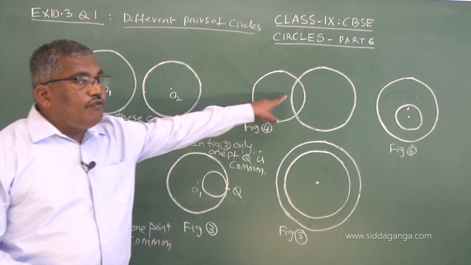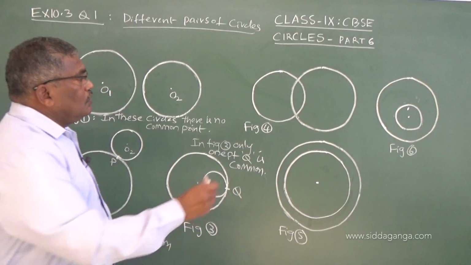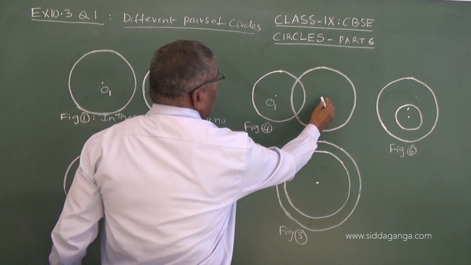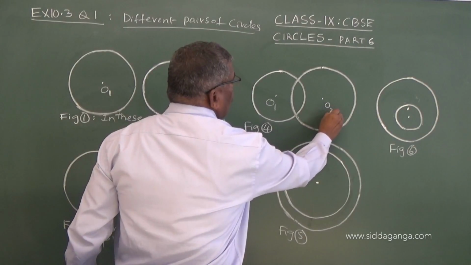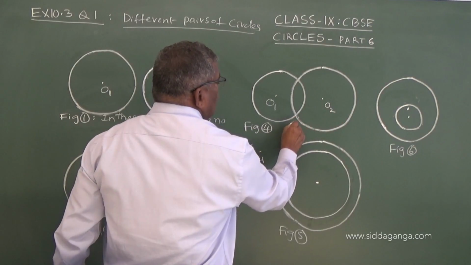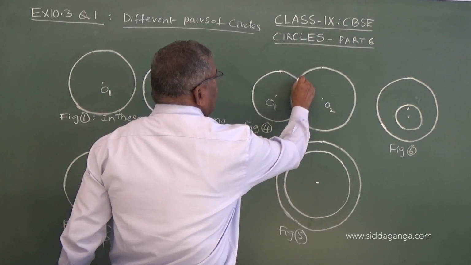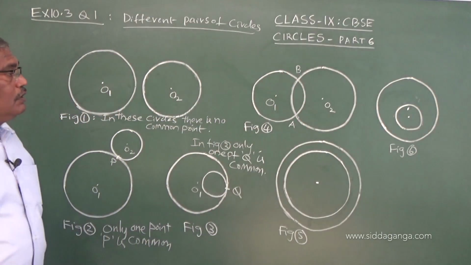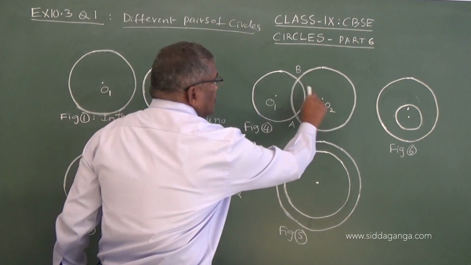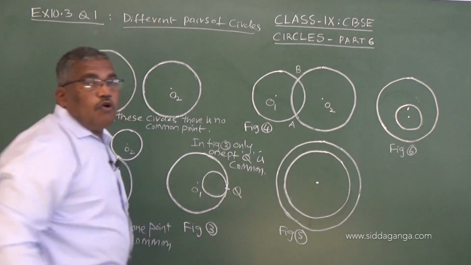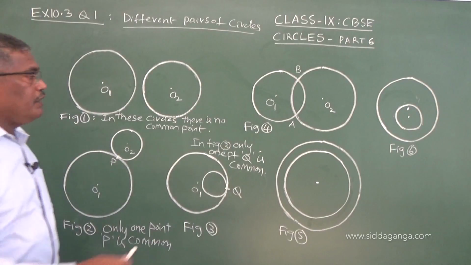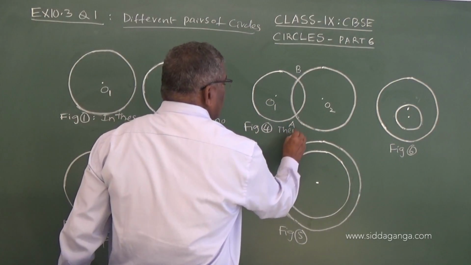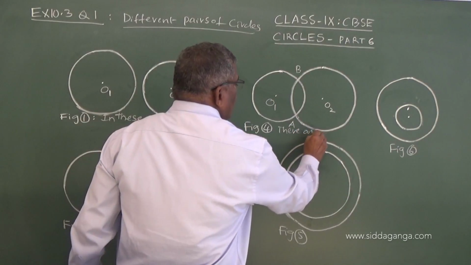Now come to figure 4. If this is the circle with center O1 and this is the circle with center O2, and we call the intersection points A and B, the two circles are intersecting at 2 points.